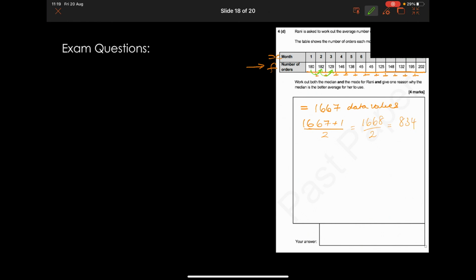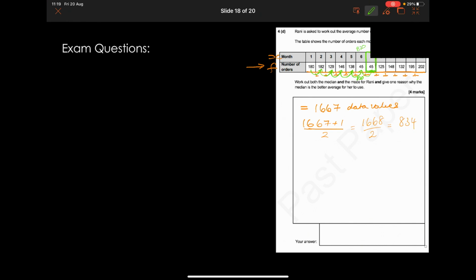So if I keep going, I actually end up at 45 being the 820th piece of data. Well, I need 834, so 834 is going to fall in the next one along.